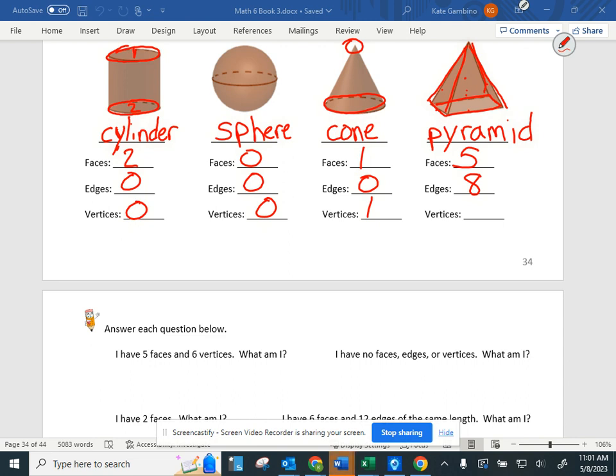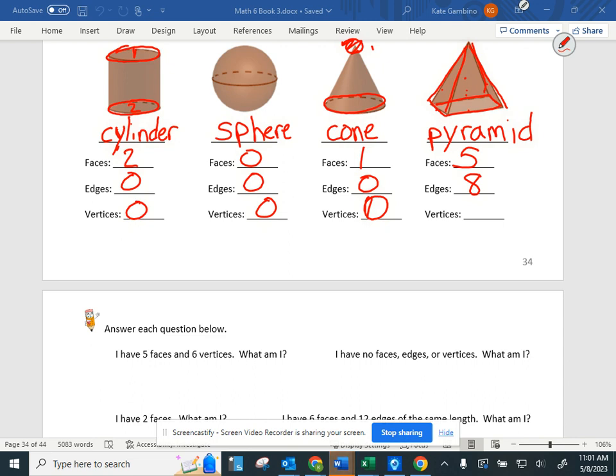And actually, I'm rethinking the cone. Our cone actually doesn't have any vertex. Because it's not a plane, it's rounded. We can't count that. The pyramid has a point because those planes are all meeting.